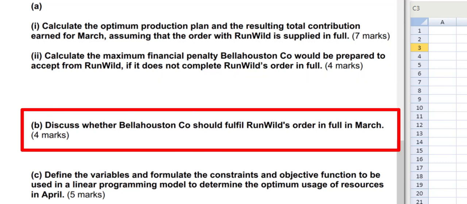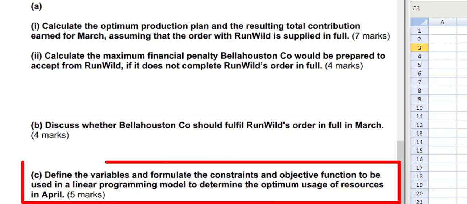Then go on to part B, a discussion on whether Bellahouston Company should fulfill Rumworld's order in full in March. So 4 clear points on that, discussing whether they should or they shouldn't and relating it to the scenario.